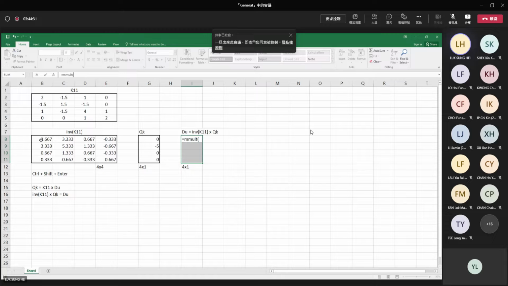We put the inverse matrix as the first parameter. We put our QK as the second parameter. And then you press Ctrl-Shift-Enter. Then you can get the unknown displacement.